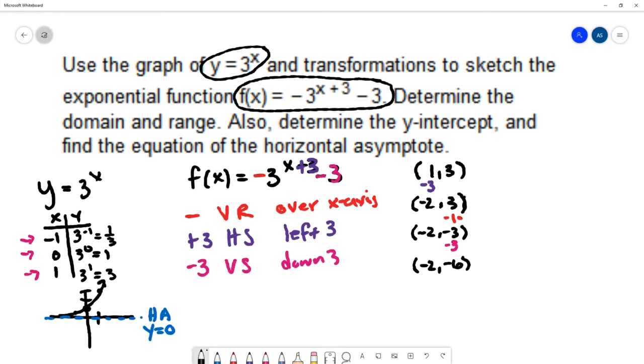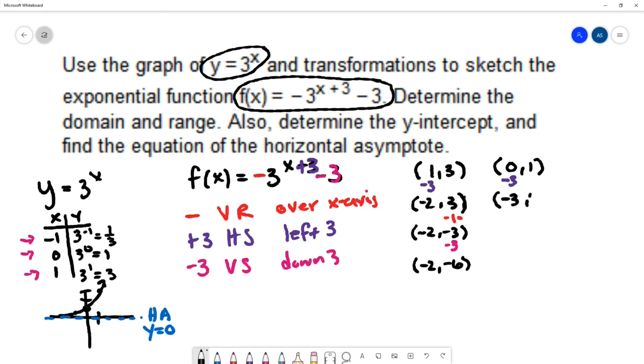Okay, so we'll go with our other one with nice numbers. The last one has fractions, so we're going to have to get a common denominator to do some of that math. So with our horizontal shift, we're going to shift left 3, so that's subtracting 3 from the x.